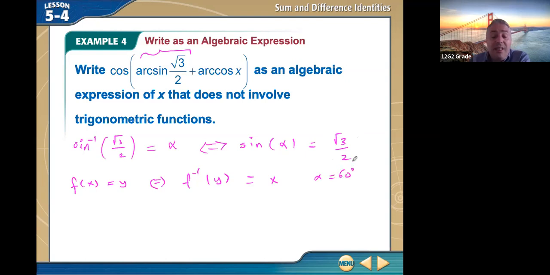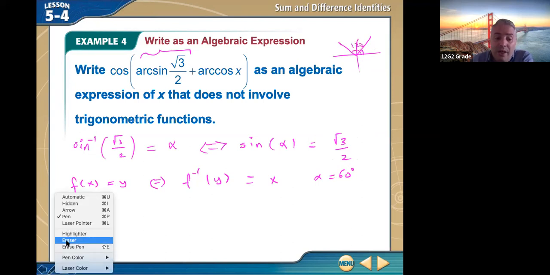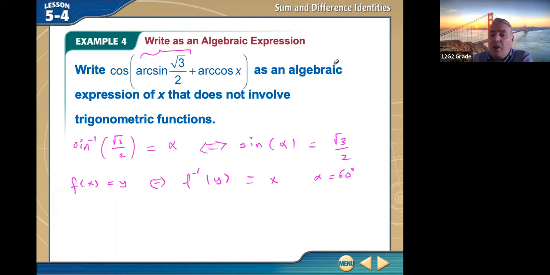Alpha is 60 in the first quadrant. If it is in the second quadrant, it could also be 120, right? We always think this: this is 60 and this is 120. But there is one restriction. Why? We know that trigonometric functions are not one-to-one.